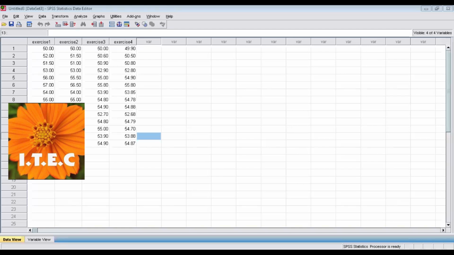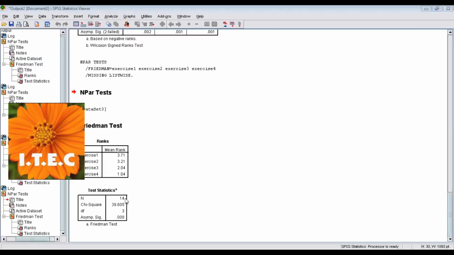Okay, is it not visible? All right. Now, is it visible to you? So therefore, now you can see it here. And it is significant because the first and the last one.